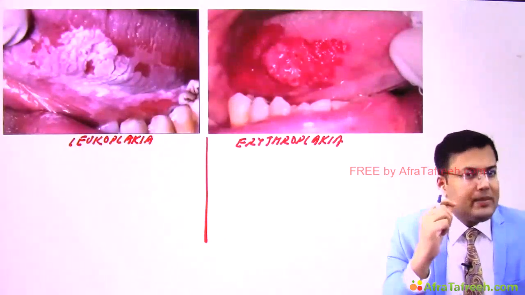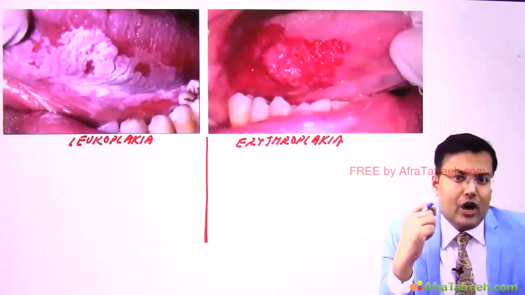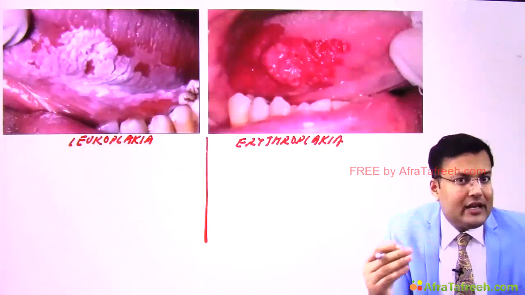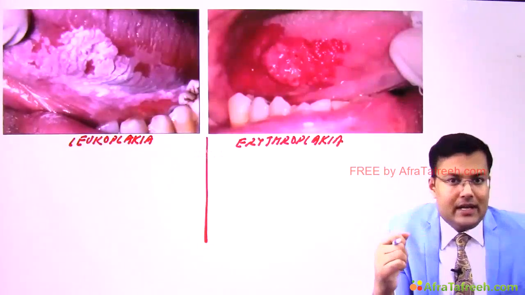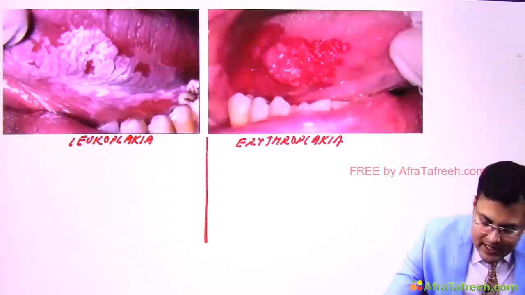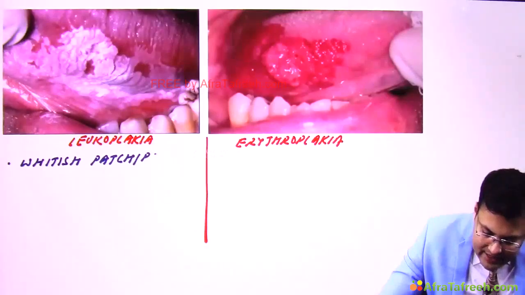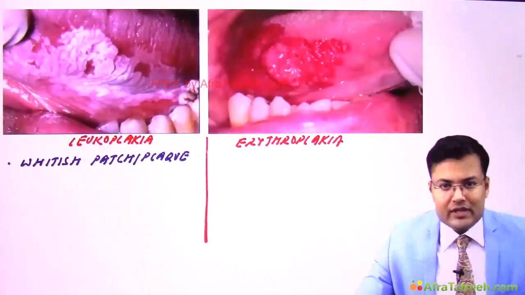So here the patient is having whitish patch or plaque that cannot be rubbed off, and it cannot be given any other diagnostic name.